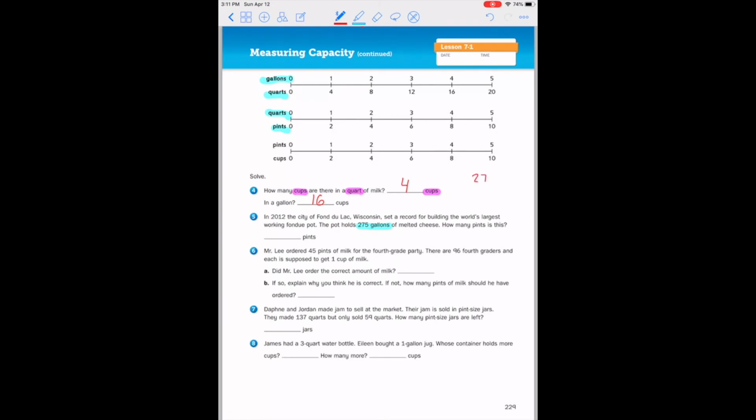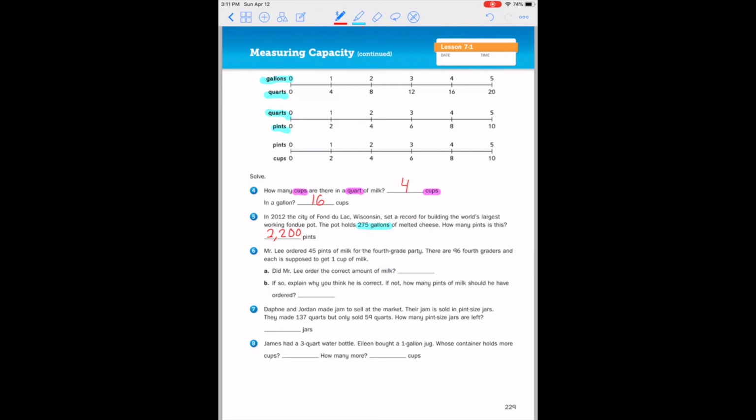I know that 5 times 8 is 40, 7 times 8 is 56, plus 4 is 60, and I know that 2 times 8 is 16, plus 6, which would give me 22. So there is 2,200 pints of melted cheese in the world's largest working fondue pot.